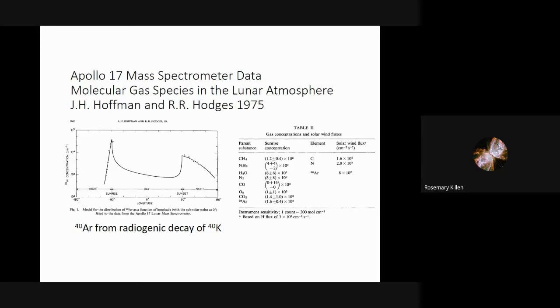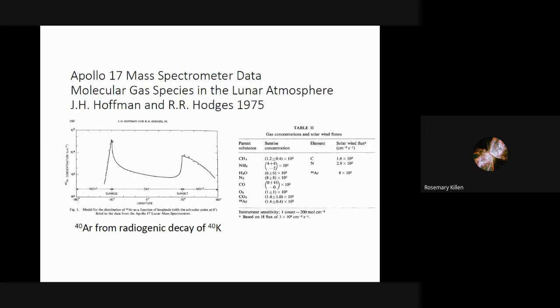And then pre-sunrise, it starts evaporating, and you see this huge surge in the atmosphere. And then during the day, the argon hops around over the day side, but then it starts condensing immediately on the surface at night.